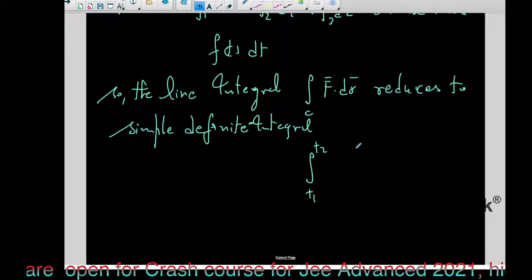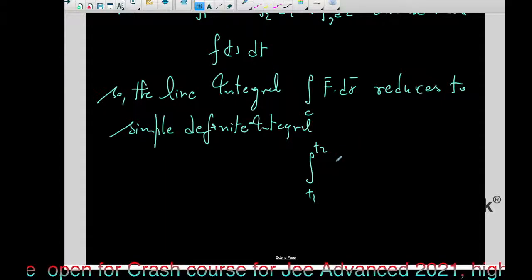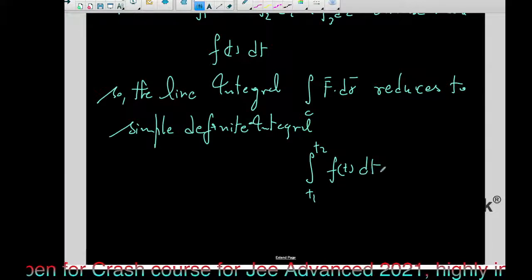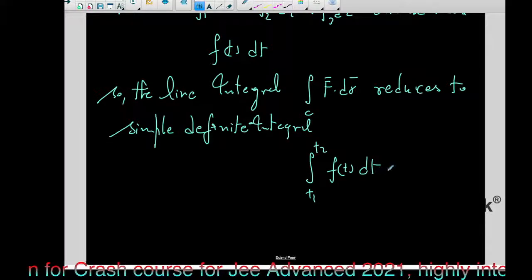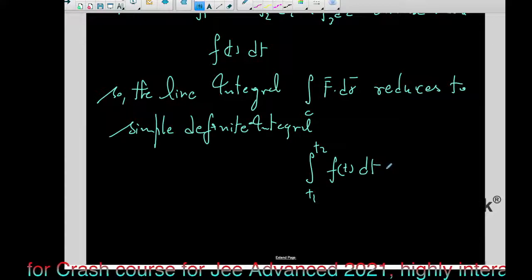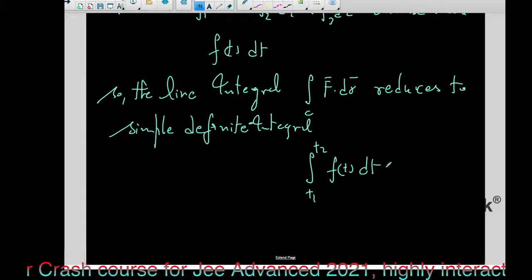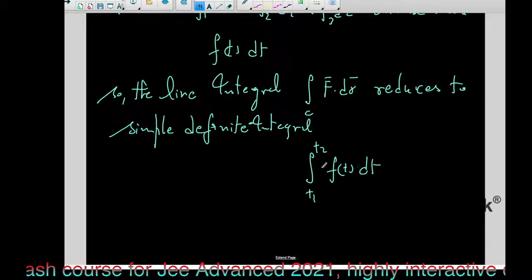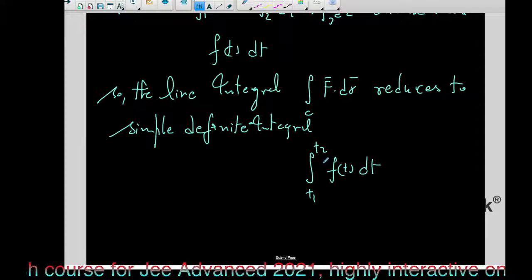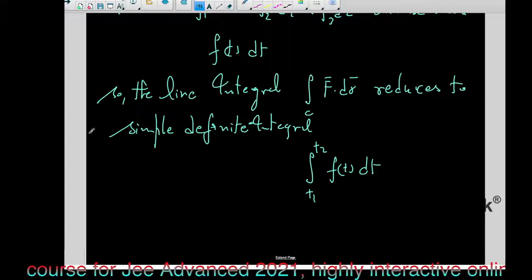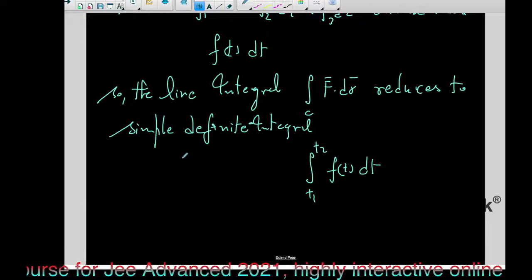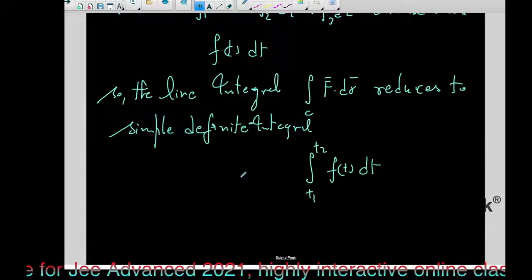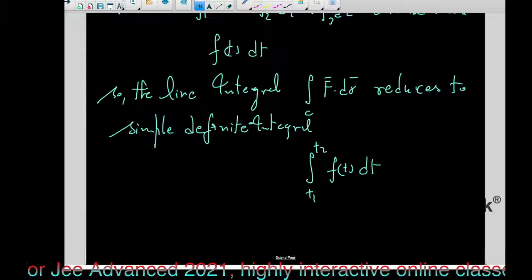As x, y, z were given, with the help of that substitution you can find t1 and t2 also, of f(t) dt. Whatever the boundaries are, it can be solved using usual techniques. So how many ways are there of solving the line integral by converting it into a definite integral? There are 4 ways. One of them is parametric form, and the rest 3 are converting into any one of the variables x, y, z.